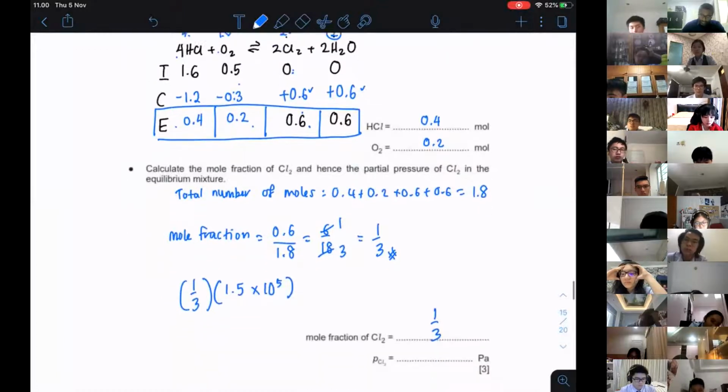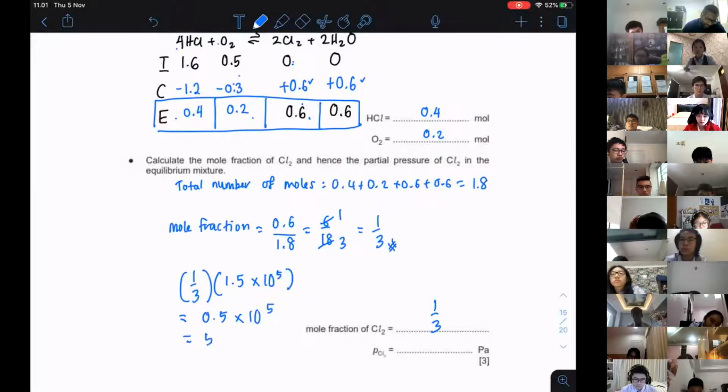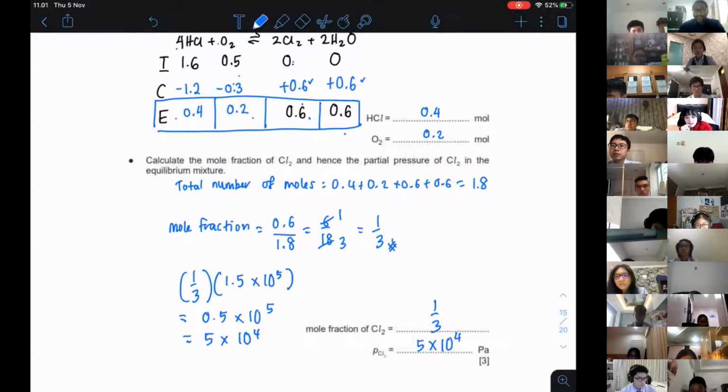And you will get 0.5 times 10 to the power of 5, so this one is 5 times 10 to the power of 4. So it means this is just the pressure exerted by Cl2. You still have the pressure of the others.